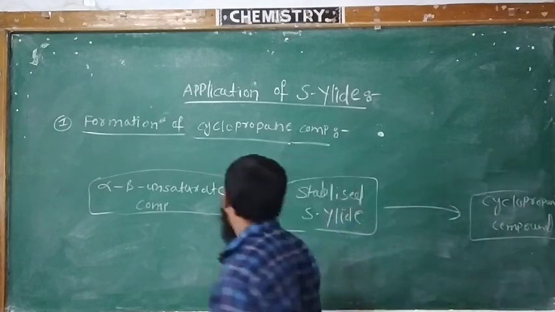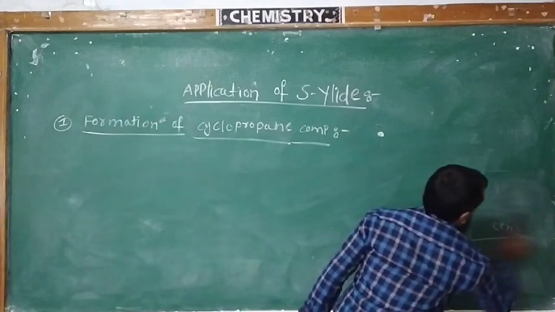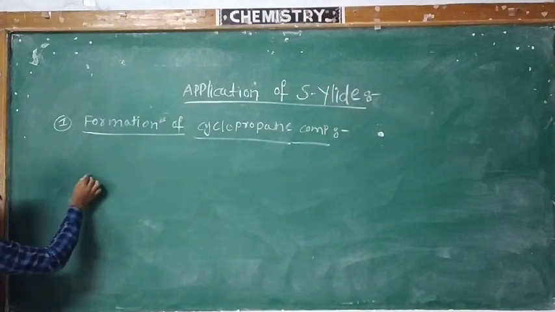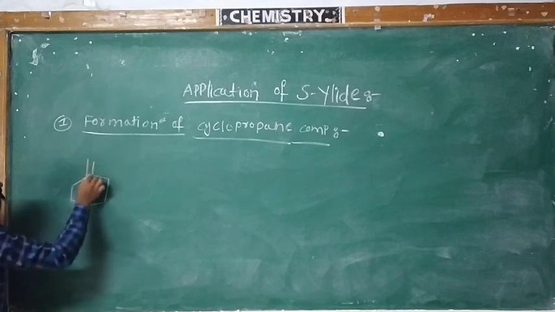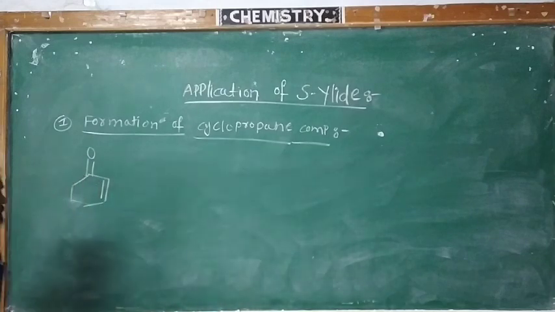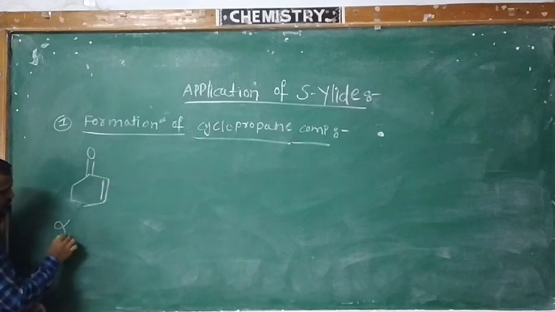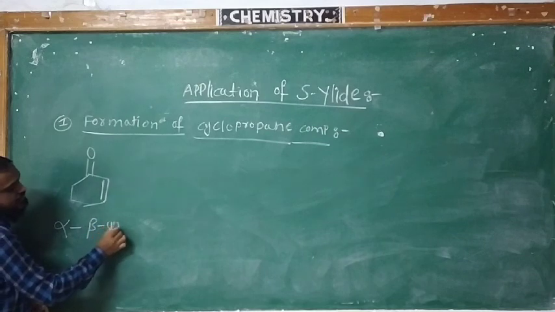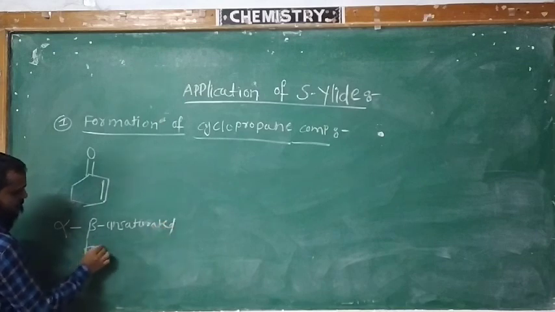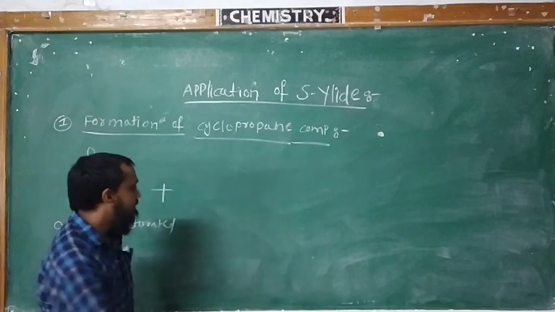Now see here, I have taken this type of alpha beta unsaturated compound. Here the alpha and beta positions have unsaturation, so it is called an alpha beta unsaturated ketone. It reacts with stabilized sulfur ylide.